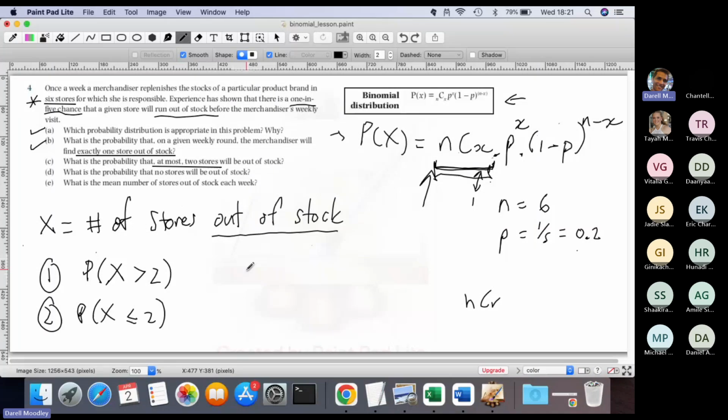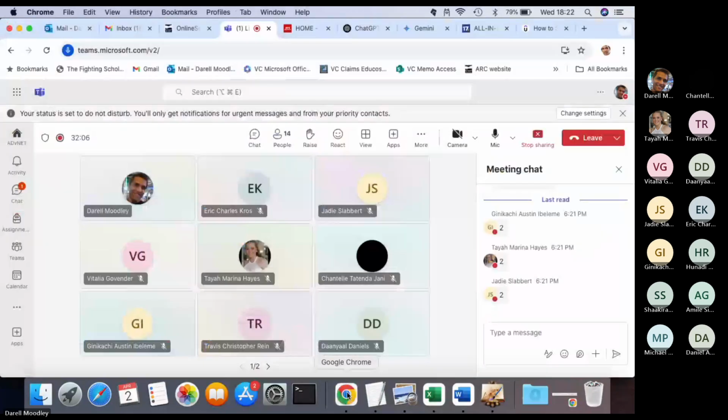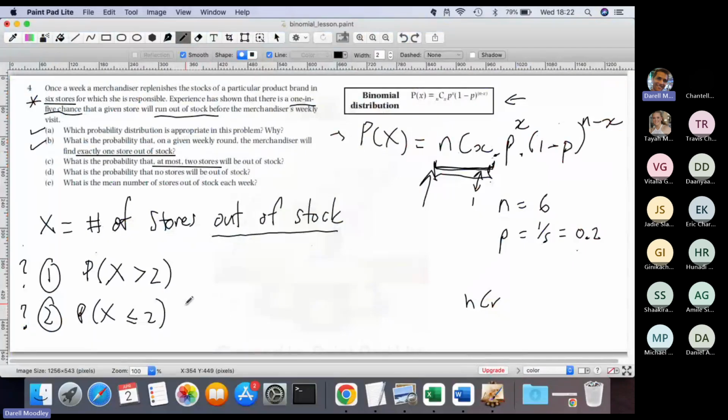Are they asking for option number 1, or are they asking for option number 2? Very good. Everyone says option number 2. Excellent. That's right. They're asking for option number 2.